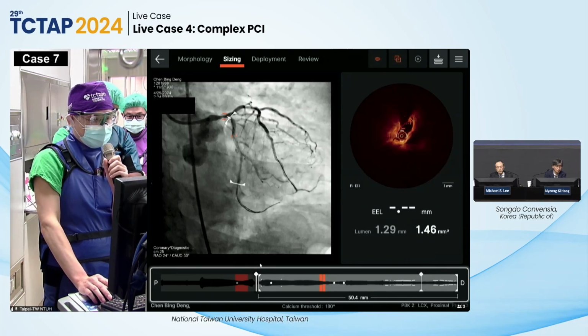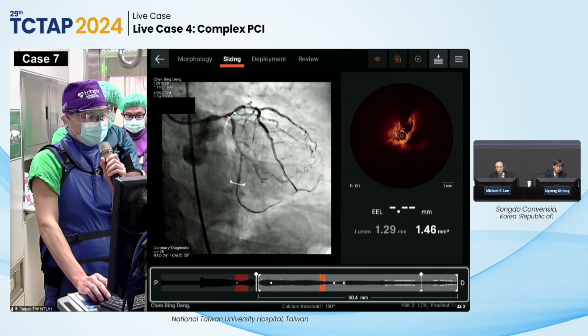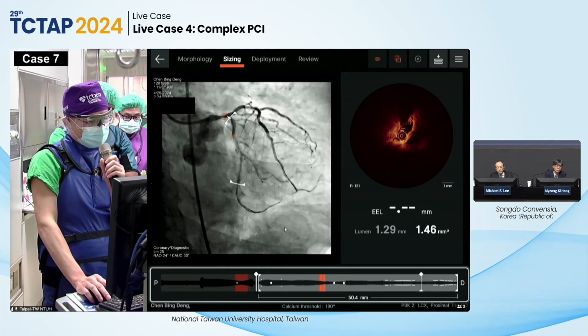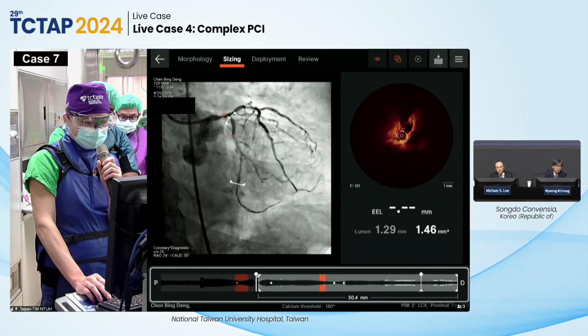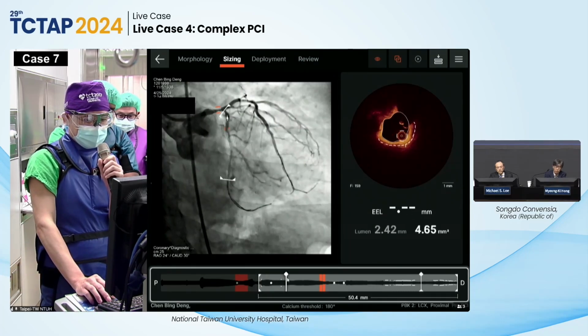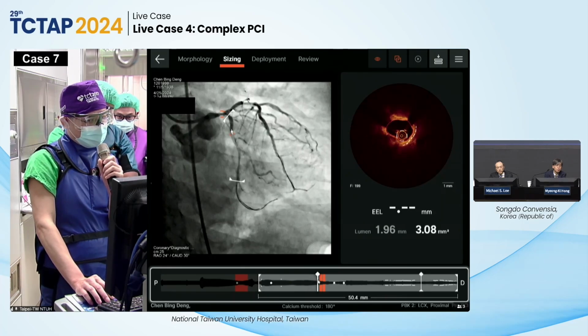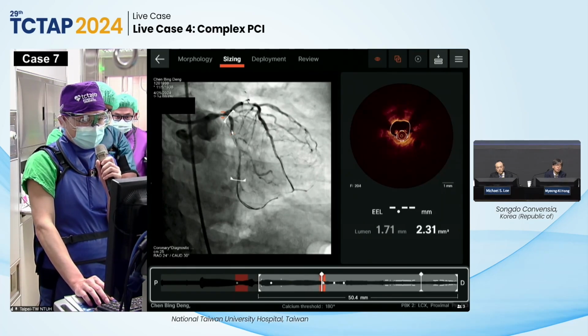And here is the circumflex ostium. It is severely diseased. There's no significant calcification, but it is very tight. More distally, it is all the way diseased, but not severely calcified, except here, there's some calcification.